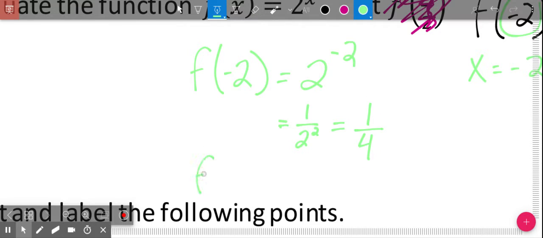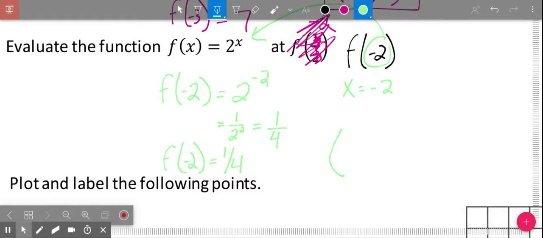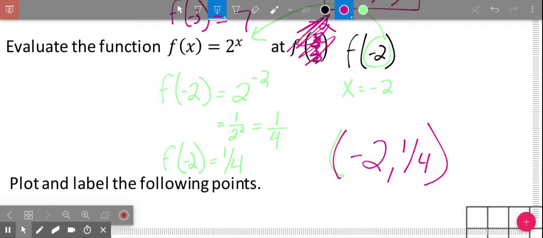So I know that f of negative 2 is equal to 1/4. Okay, so I could write that as a coordinate point. My x was a negative 2. So I'll have (-2, 1/4). And that's what I would graph on the coordinate grid. Okay, so remember, this is just to find all the points of our function because we're going to eventually get to graphing those. So we're really just finding all of our points right now.